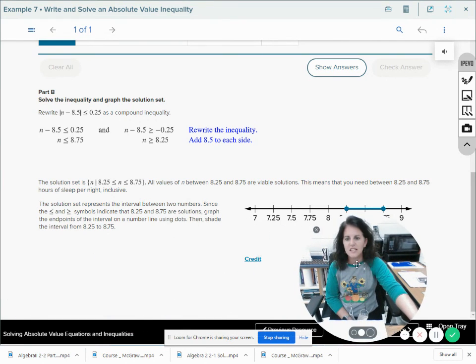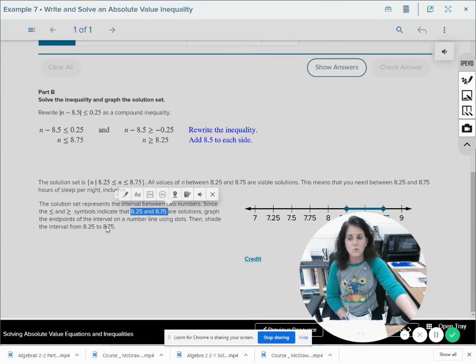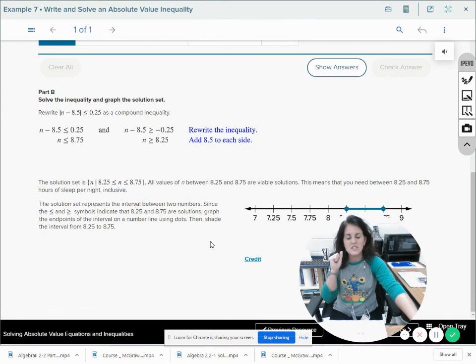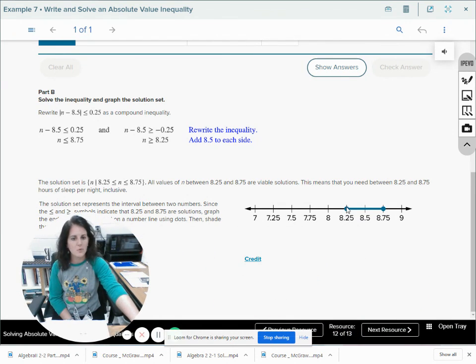So the solution set represents the interval between two numbers, since it's less than or equal to and greater than or equal to. So when I graph the endpoints, I've got to use solid dots to show that I'm including those. And then I shade the interval from 8.25 up to 8.75.